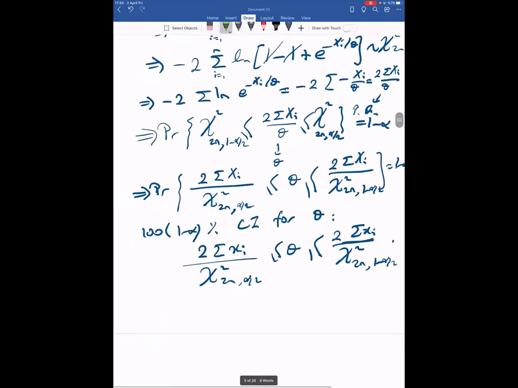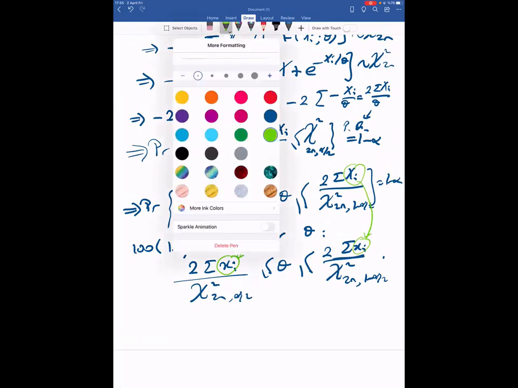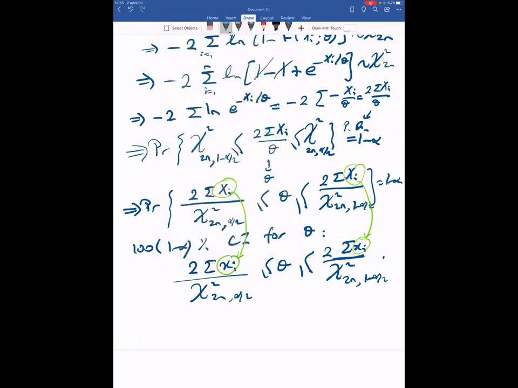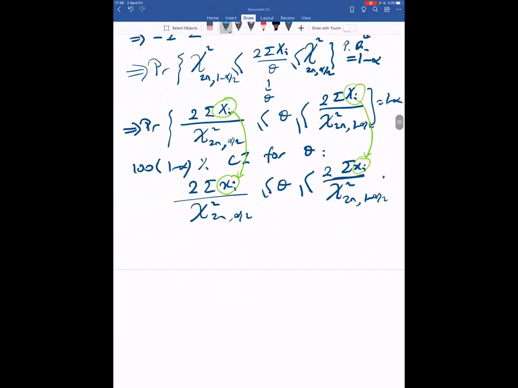Don't forget to replace these to have a confidence interval. Confidence intervals should be numeric quantities, not random variables. So we obtain the same interval that we obtained in the previous case. Okay, let me show you one more example.